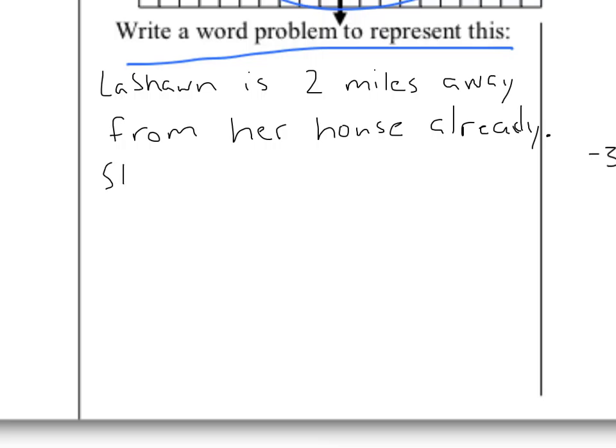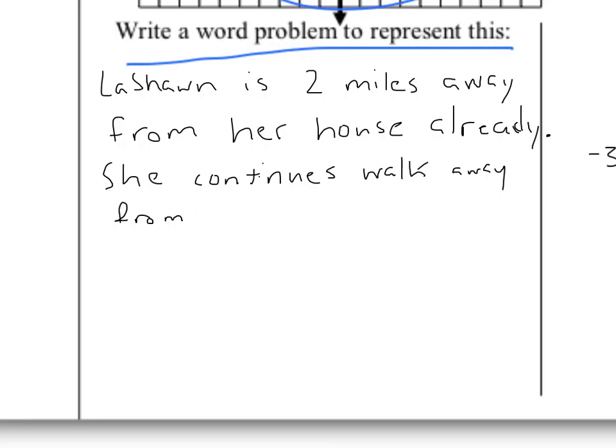She continues to walk away from her house. Wait, she's running away from home. Except she's walking. She continues to walk away from her house. And this is making sure that I'm linking this up correctly. I know that I'm increasing my miles here, so that means she needs to be walking further away.